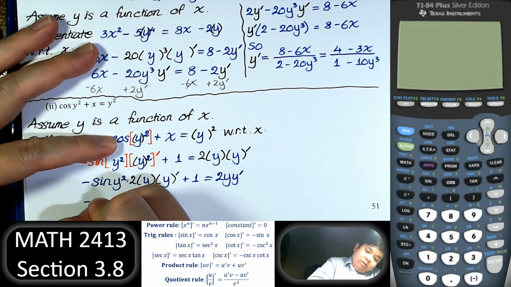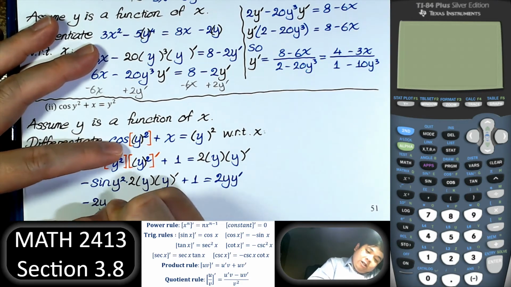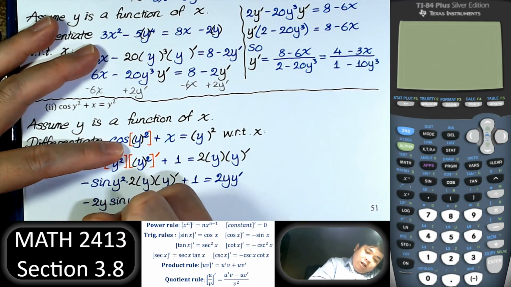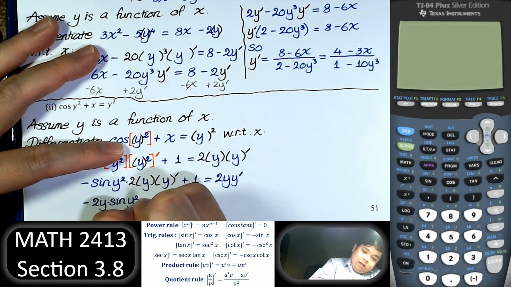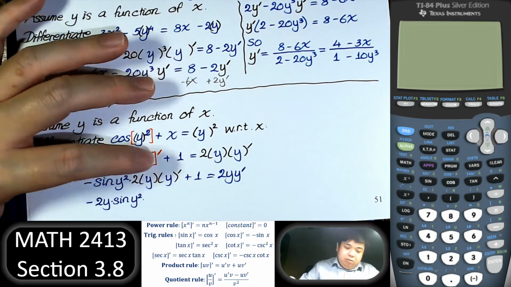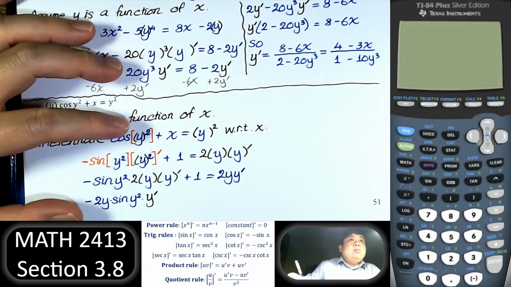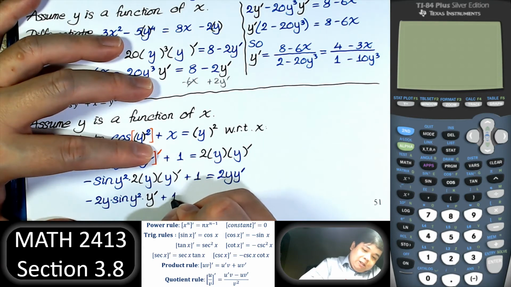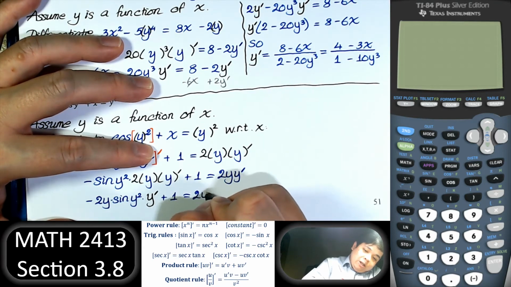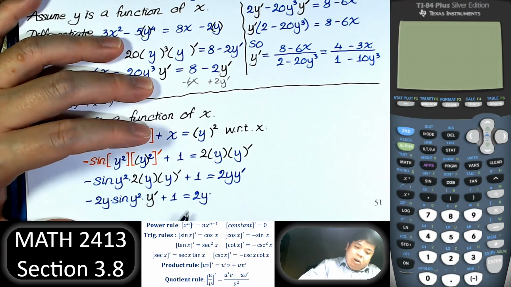So this will be negative 2y sine of y squared, and then the y prime plus 1 equal to 2y y prime.